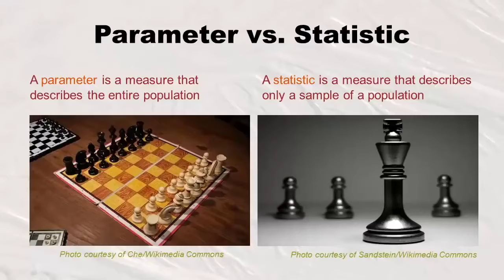It's going up. That's a terrible statistic. I agree, it's terrible, but they mean parameter because they're talking about all of Africa, every single person in Africa. If the rate of HIV is going up in Africa, they mean a parameter. They don't mean a statistic.